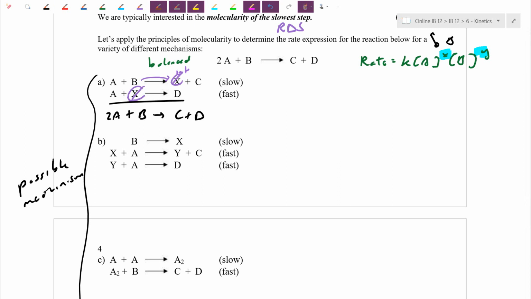Now, for a mechanism that took place in multiple steps, one of them was a slow step. This step, no matter how fast the others are, is going to control the speed of the overall production. So when I do this here, because I have proposed the mechanism, I'm actually seeing what is physically colliding with which. I can actually use the coefficients in this theoretical equation, and I can try to do the rate law from this expression.